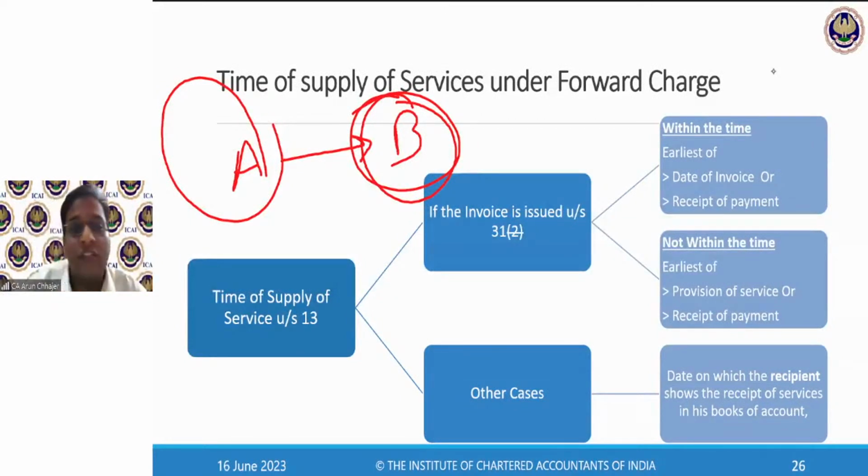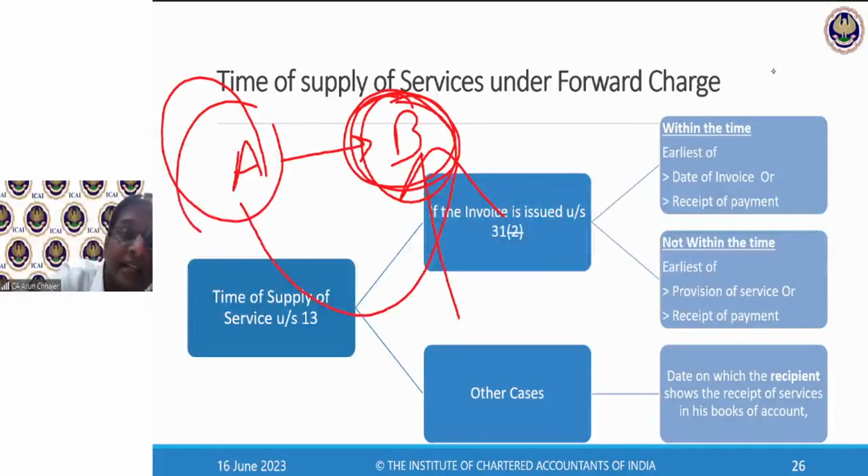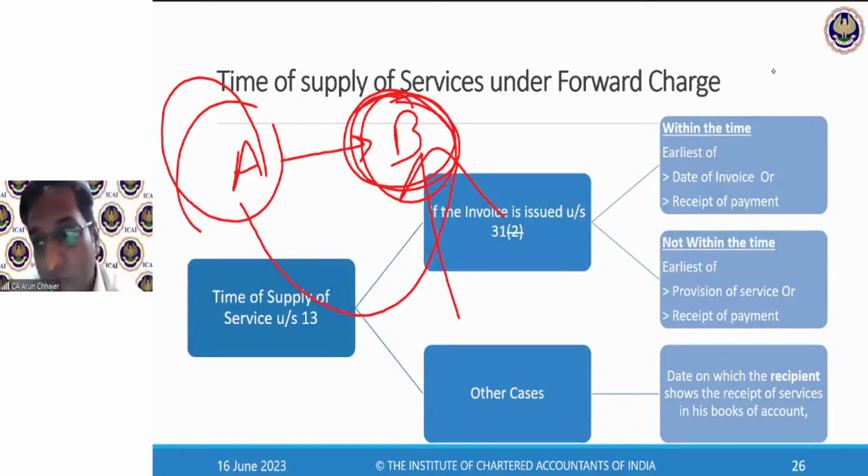Let's say the GST department is doing the GST audit of Mr. B, and they identify the expense entry of one party, Mr. A, who has not issued the tax invoice. Then it will be the trigger point. They will probably go to Mr. A and tell him to kindly pay the GST on this value.